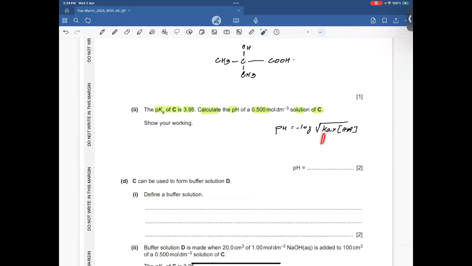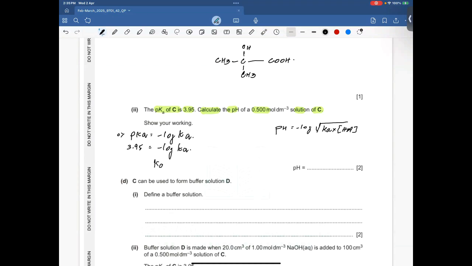Now, in order to calculate Ka, the examiner has given the pK value. So use this pK value to find the value of Ka. This is 3.95 equals minus log Ka.